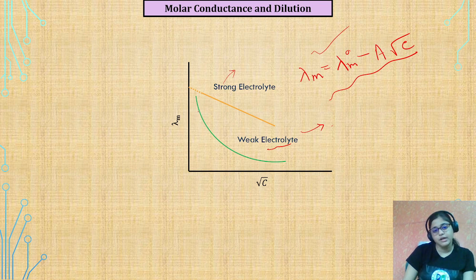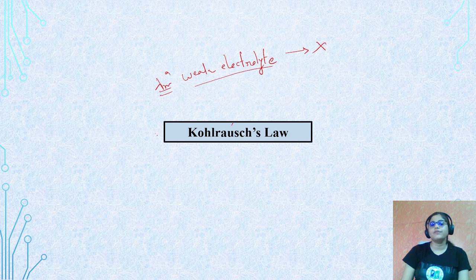It will never cut the y-axis. Even if we extrapolate, we can never find the value. But by Kohlrausch's law, by knowing the correct lambda m0 values of strong electrolytes, or the constituent ions of the particular weak electrolyte, we can find lambda m0 for the electrolyte.